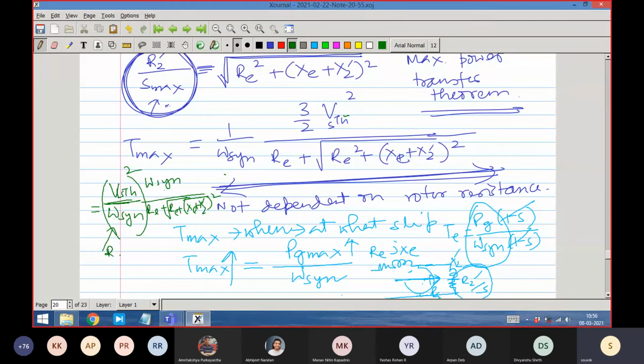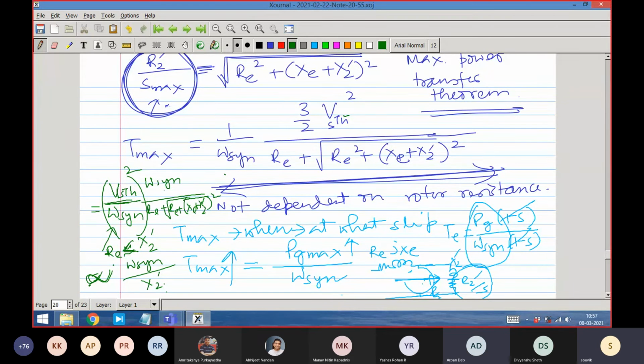We are saying that RE is much less than XC or X2 dash. So effectively, this is the ratio of omega sin by X2 dash. X2 dash also involves omega sin, so they cancel. Therefore, this is a basic function, it's proportional to that.